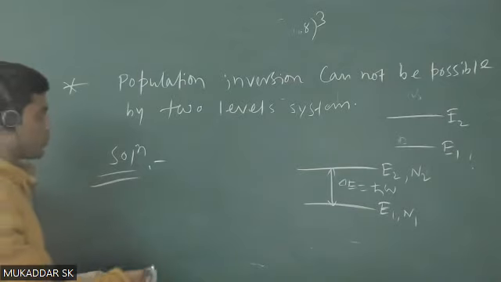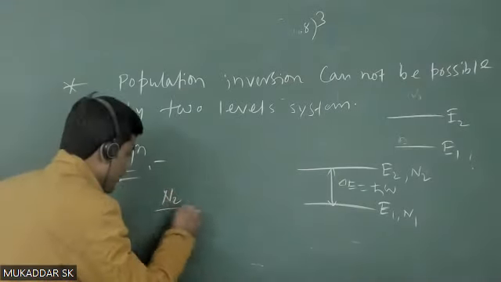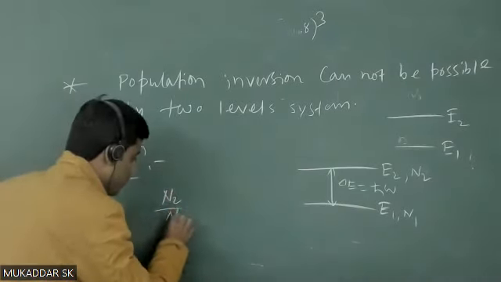Now if I use the Boltzmann distribution law, the ratio of their population N2 by N1 will be how much? We discussed this just now. Please tell me how much you will get that ratio.